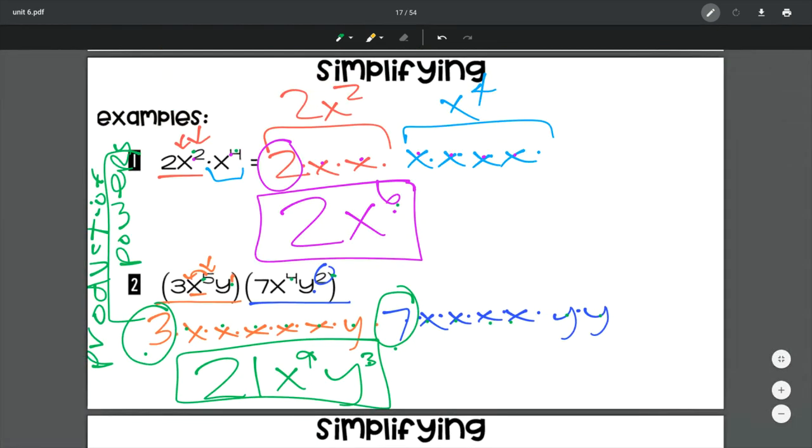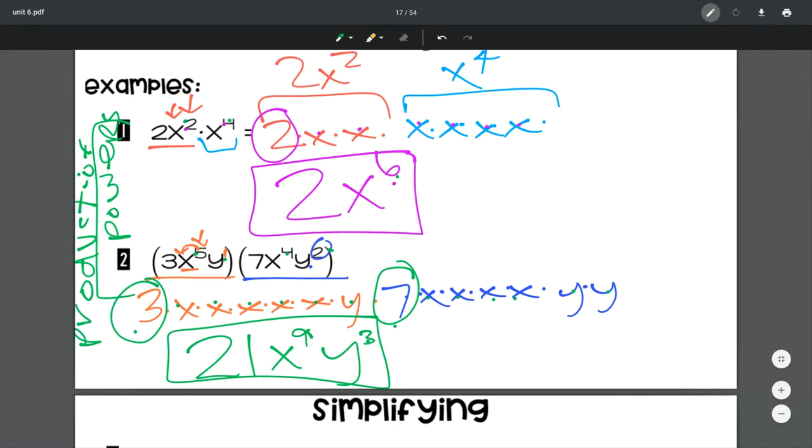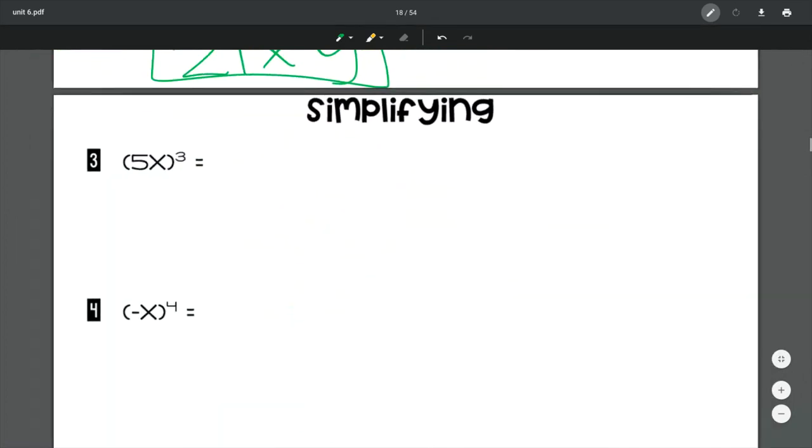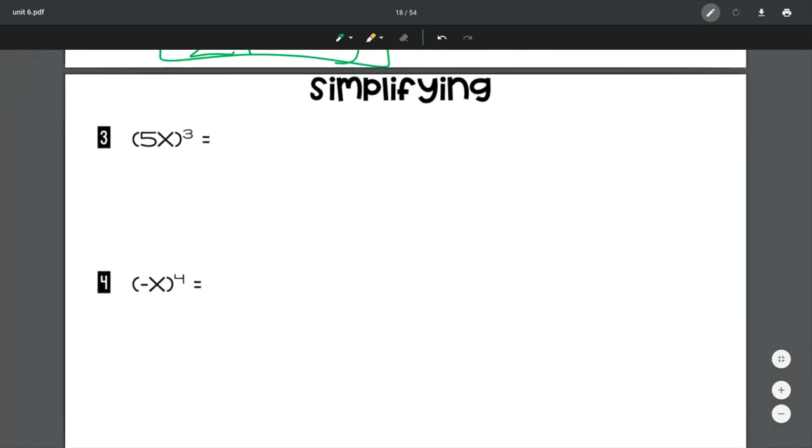Now, you've got this one, but there are a couple of other ways that you can see it as well. So right here, this one is just a tad bit different. This 3, that exponent, it's not just on the x, it's on the entire thing. It's on the entire parentheses right here.